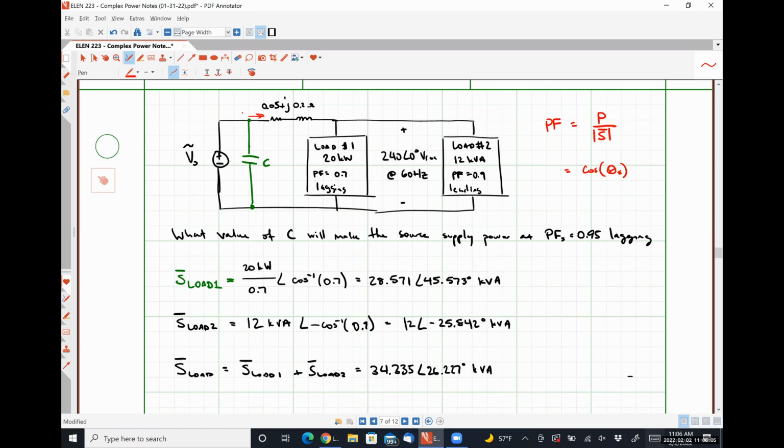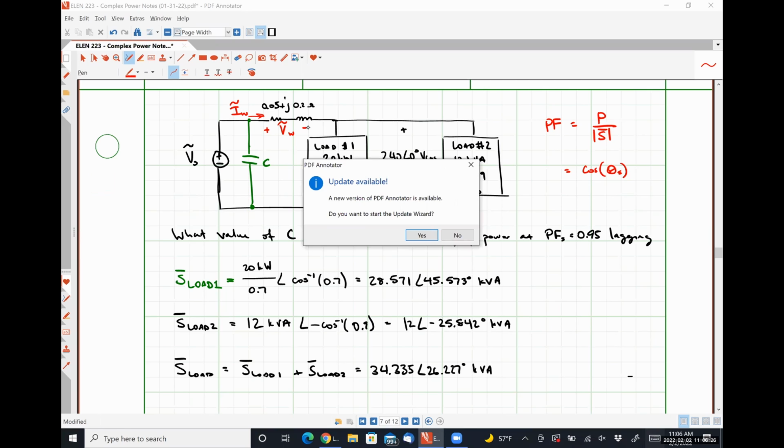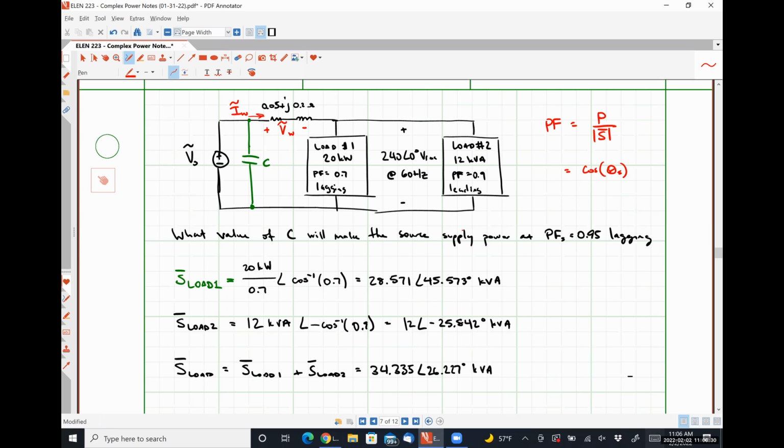I'm going to call this I_W for the current flowing through the wire, and V_W for the voltage drop across the wire, and these should be RMS phasor quantities. Anybody have any thoughts on how we can determine either of those quantities?